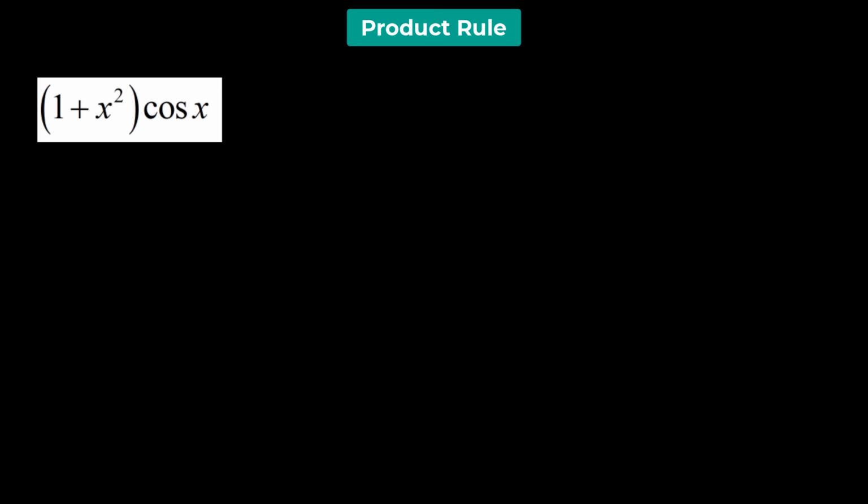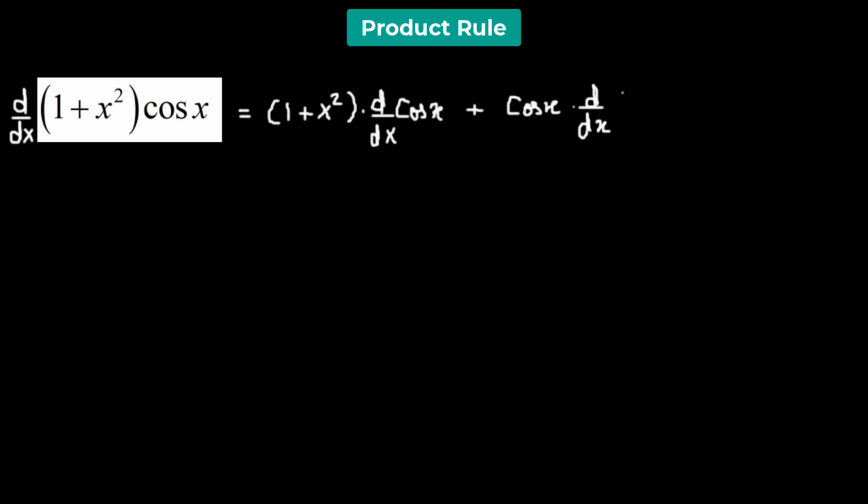So here we have 1 plus x squared multiplied by cosine of x. So we treat 1 plus x squared as the first function. So we have 1 plus x squared multiplied by the derivative of the second function, which is cosine of x in our case, plus the second function times the derivative of the first function, which is 1 plus x squared.